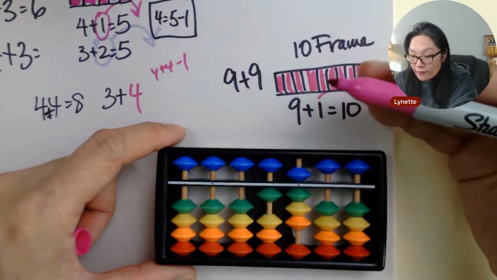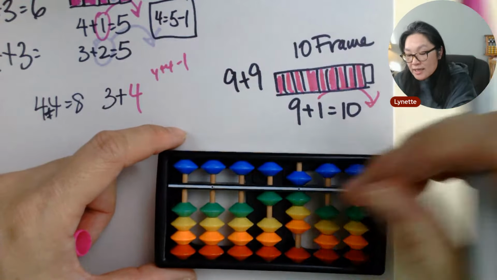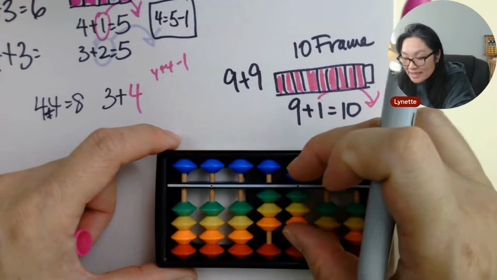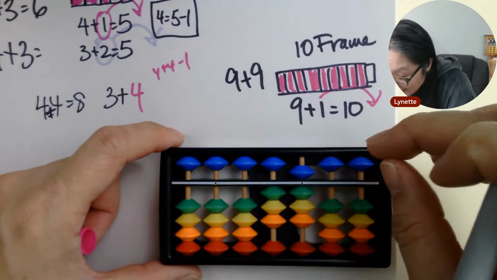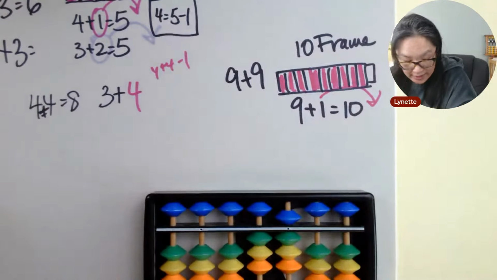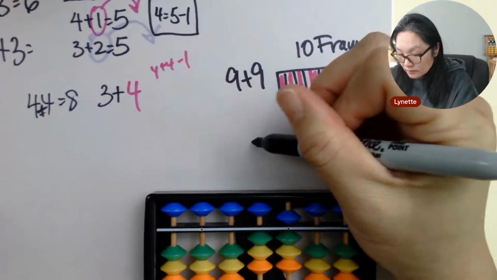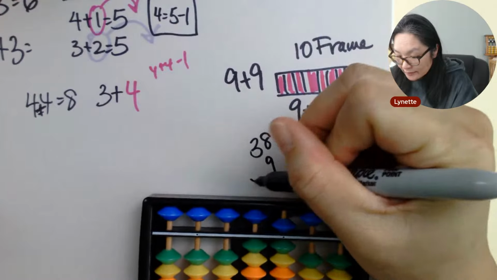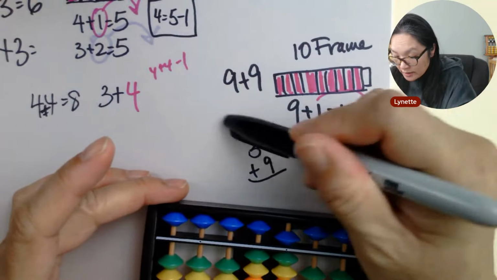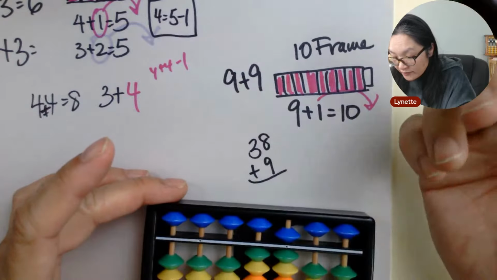As opposed to learning the fundamentals, learning the building blocks, and then being able to manipulate them. Because once you get to, let's say, 38, we do 38 plus 9. Well, you could do your doubles and then your counting, which is fine.